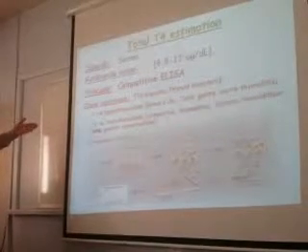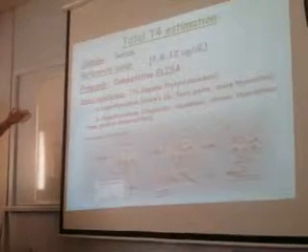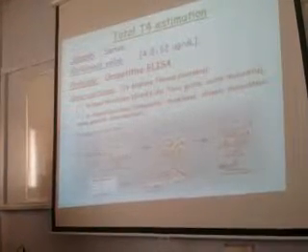So clinical significance: to diagnose thyroid disorder. Total T4 is increased in hyperthyroidism like Graves' disease, toxic goiter, and acute thyroiditis. It is decreased in hypothyroidism, congenital. What do you call congenital hypothyroidism?